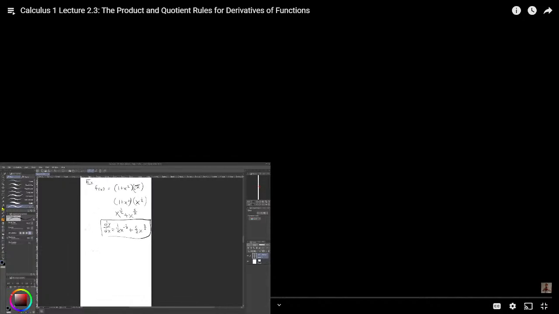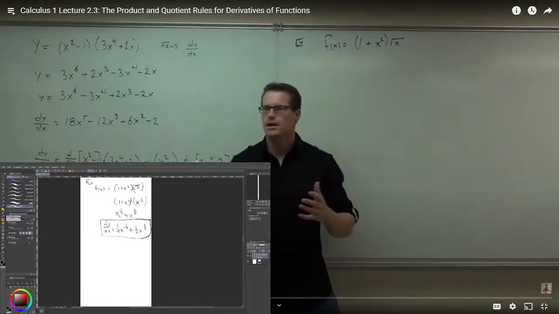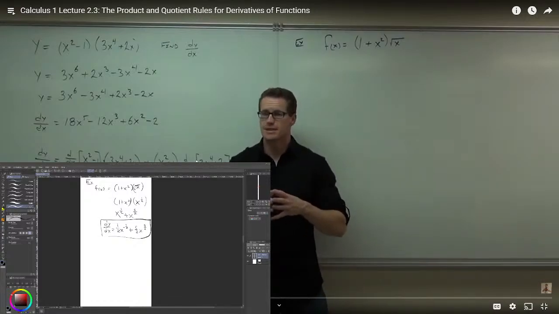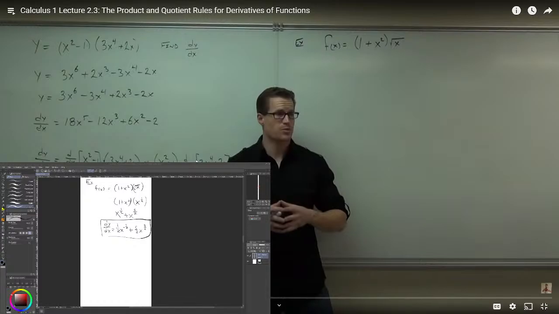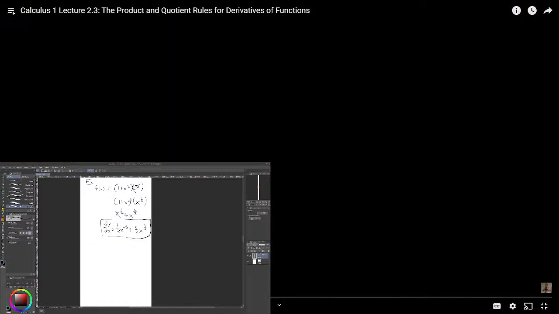If you use the product rule, derivative of the first term. You need to be able to see that this is in fact a product. Let's see, 0 times x, or let me write that better.